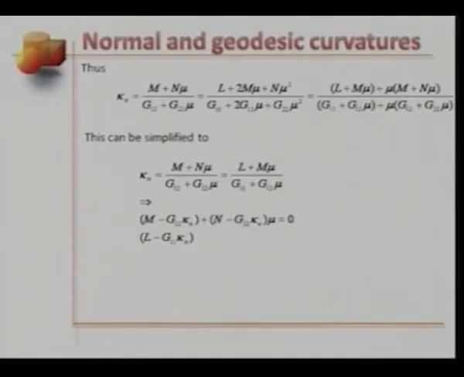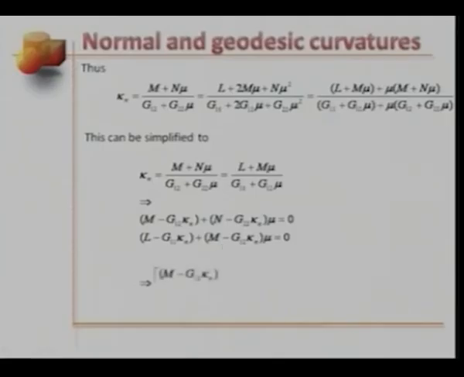We also have L minus G11 times kappa n plus m minus G12 times kappa n times mu equals 0. So this equation here, which are two equations if you think about it, can be rewritten in these forms.